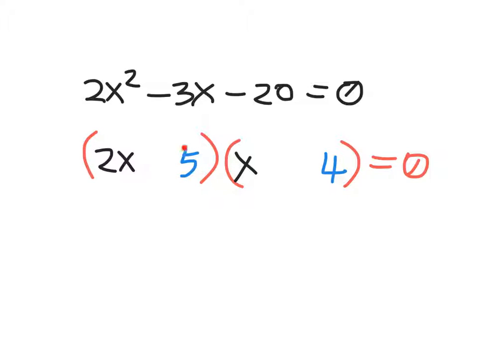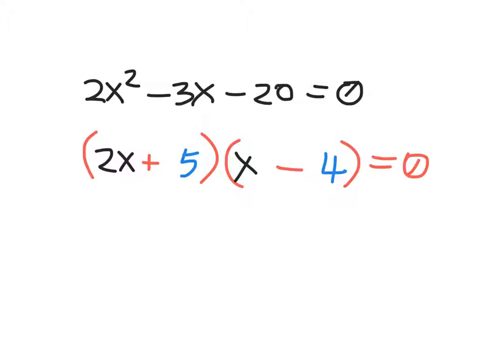We know for a fact one of them has to be positive, one of them has to be negative, because a positive times a negative gives you a negative 20. That leads us to ask ourselves which one of these factors should be positive or negative, and it so happens that it would indeed be the 4 that should be negative and the 5 should be positive.